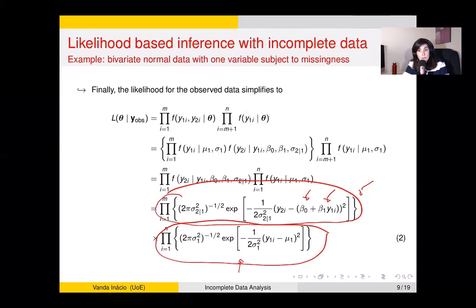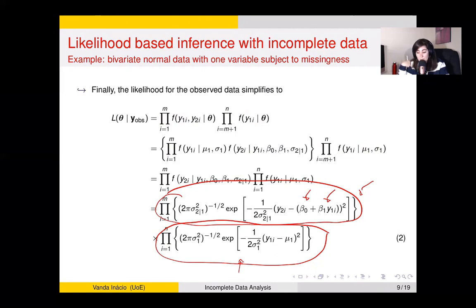So this likelihood, from an analytical point of view, is much more tractable than the one that we had in the beginning, which had the product of the bivariate times the marginal.